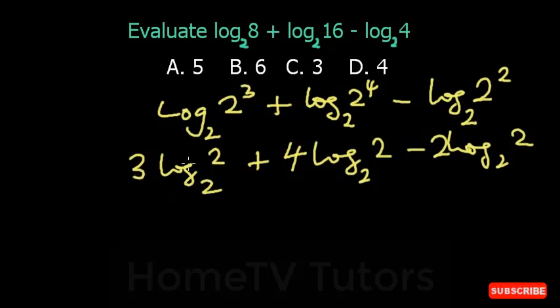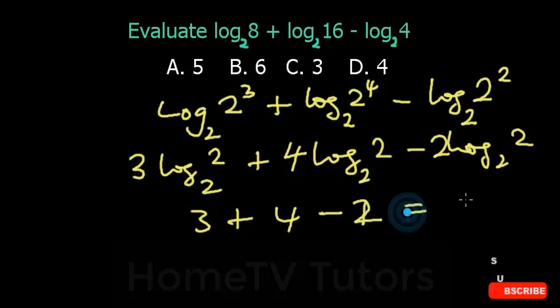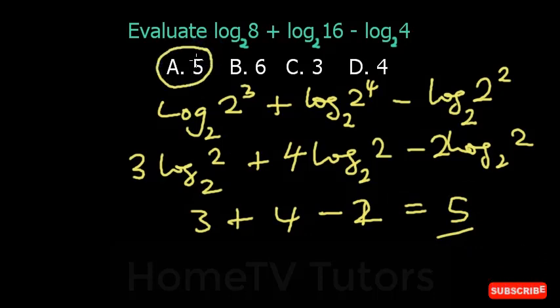So 3 times 1 is 3, plus 4 times 1 is 4, minus 2 times 1 is 2. So we have 3 plus 4, which is 7, 7 minus 2, which is 5. So option A is the right answer.